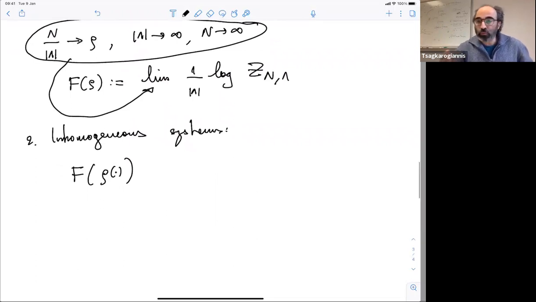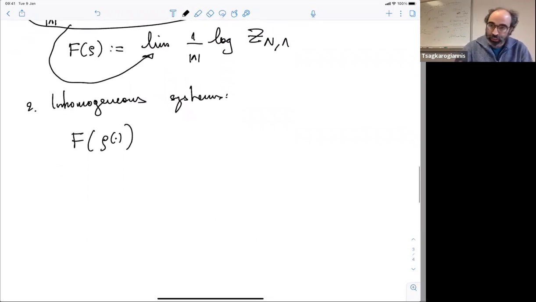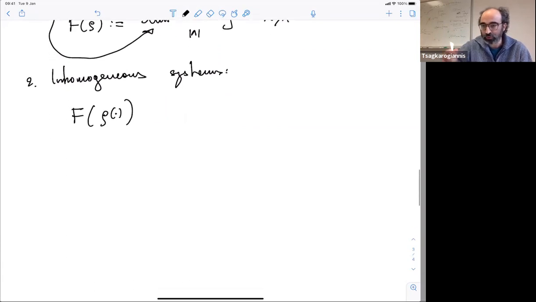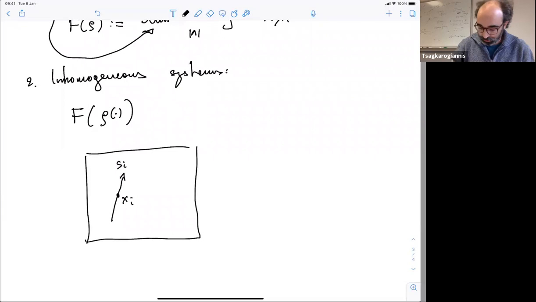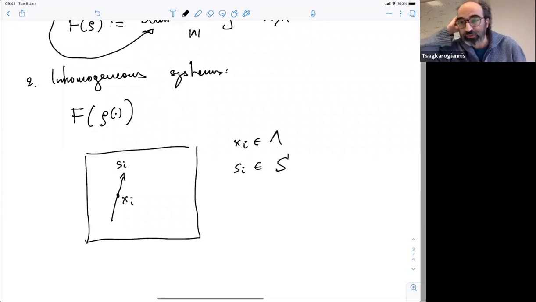Okay. So what is important in the inhomogeneous case? In order to fix ideas, I will only focus on the liquid crystals because in order to have a specific example. I mean, at the end, I will not even do that. I will be talking only about the general scale. But what is different in the liquid crystals is that now I not only have a position, but I also have an orientation. So my particles have a position xi, which is in lambda, and they have an orientation in some sphere if you want.